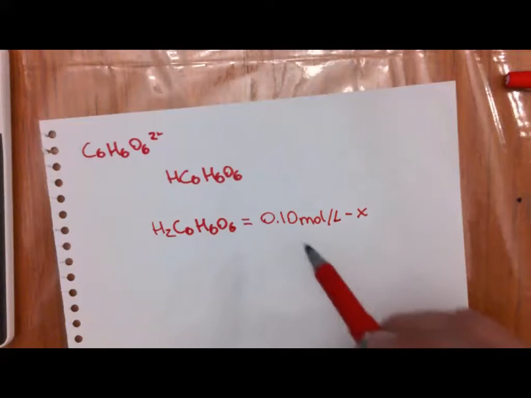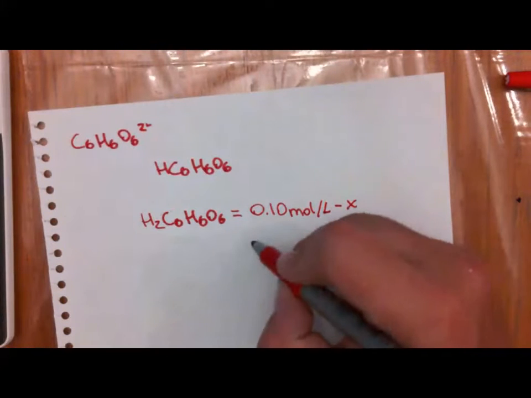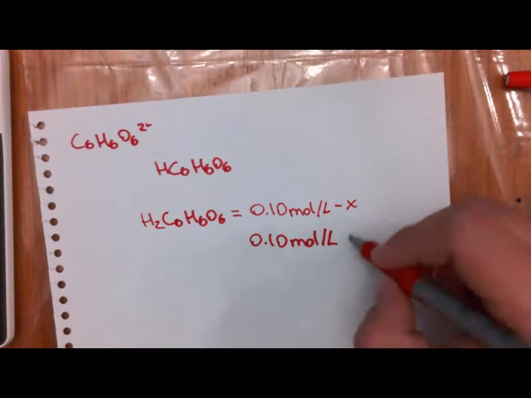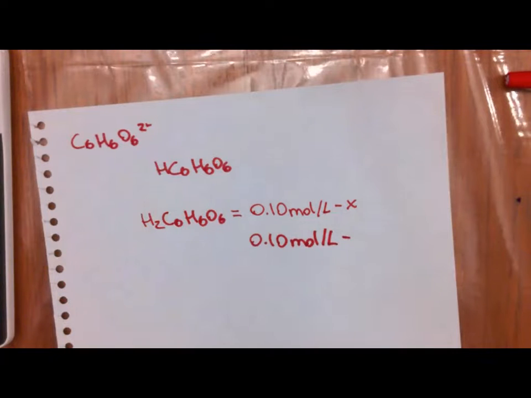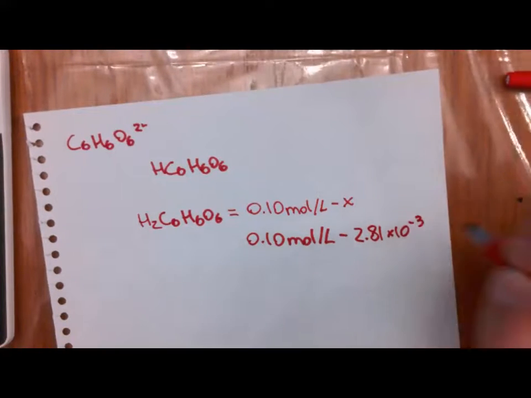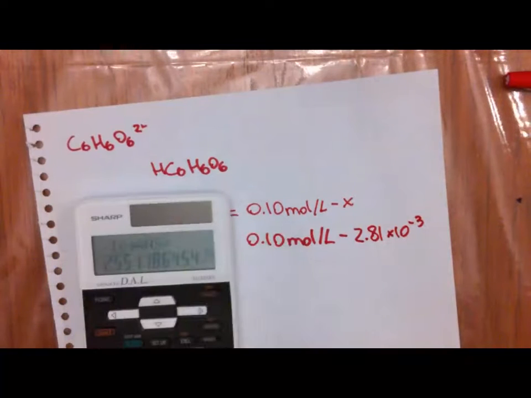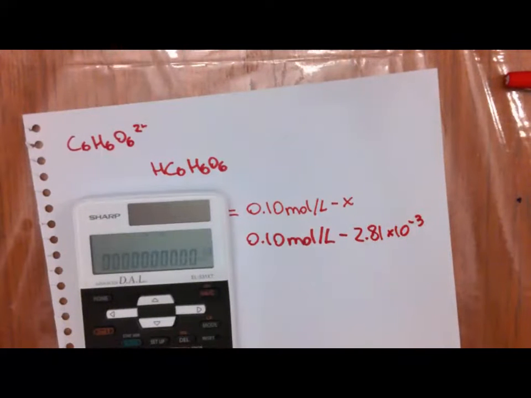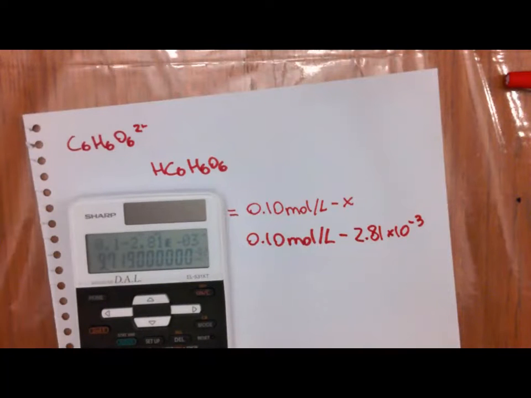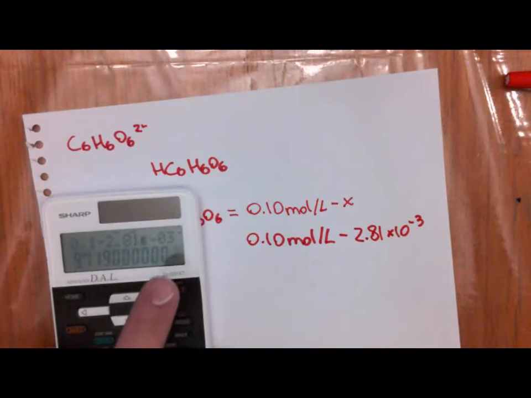Right? So I'm going to take that, I'm just going to put 0.10 moles per liter, right? And I'm going to subtract, I believe it was 2.81 times 10 to the negative 3, right? What that's going to give me is going to be very, very close. So as you can see, 9.72 times 10 to the negative 2.